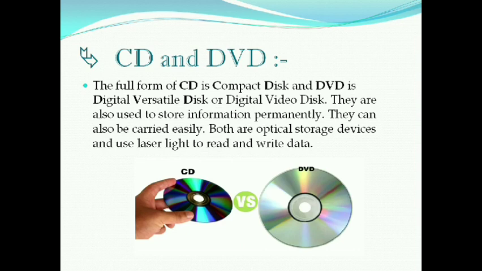Both are optical storage devices and use laser light to read and write data. So in this picture we see some extra dark color shining in the CD and lighter color shining in the DVD. By this we can understand what a CD looks like and what a DVD looks like.